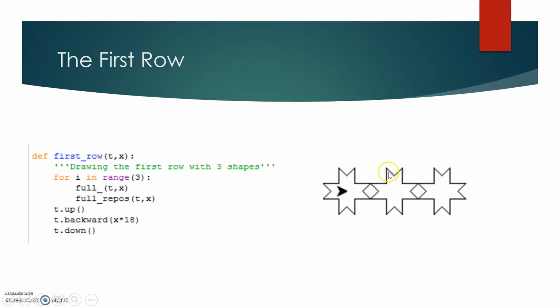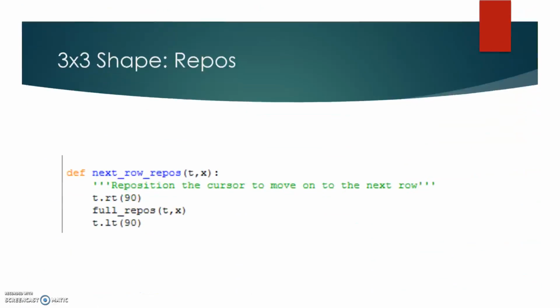After I finish drawing the row, I need to turn it backwards to make it easier for me to do the second row. To move on to the second row, I need a reposition function, just like how I use a reposition function to move from the first shape to the second shape and to the third shape.